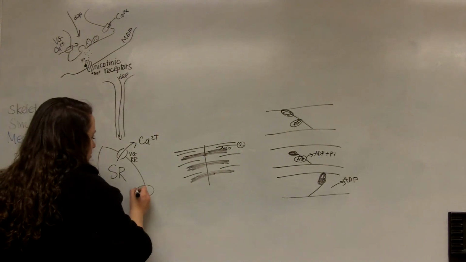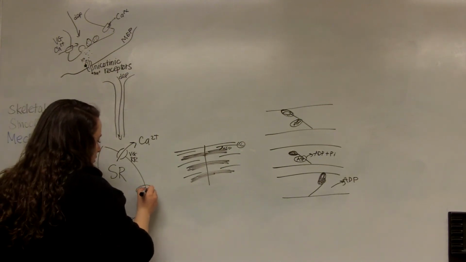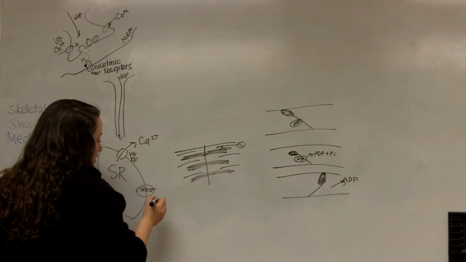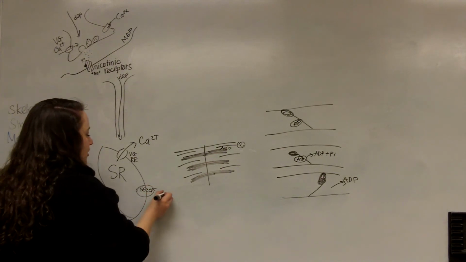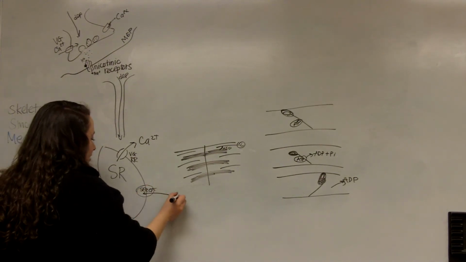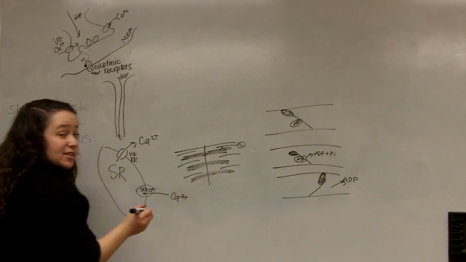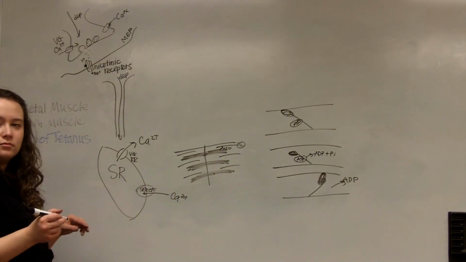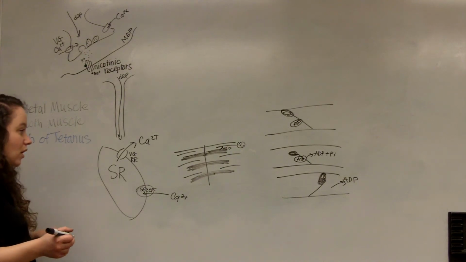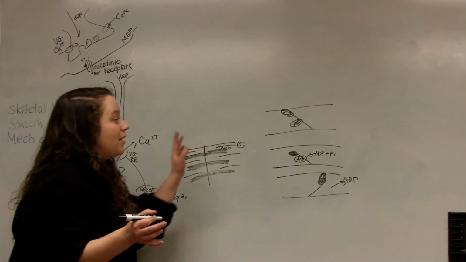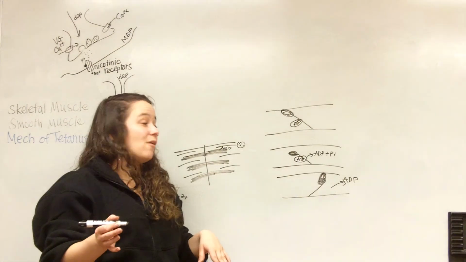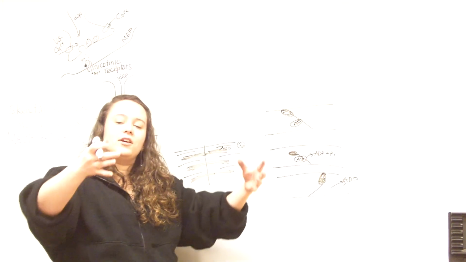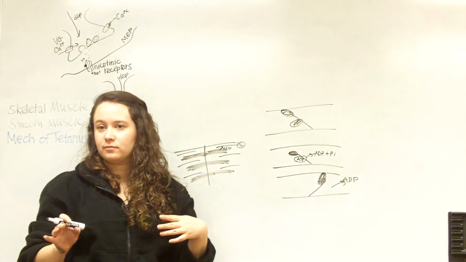The SERCA pump is right here, and it's going to use ATP to bring the calcium back into the sarcoplasmic reticulum. Then when there's no calcium left out here, it's not bound to the troponin C. The tropomyosin moves back up and covers up the binding spots, and you can't contract anymore.